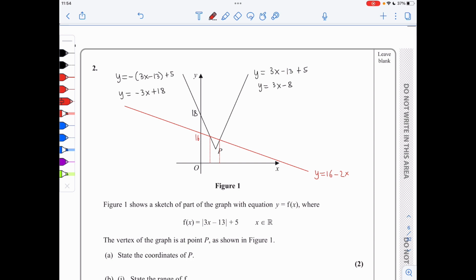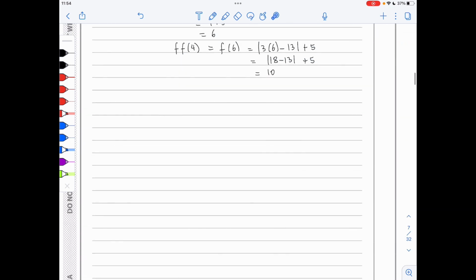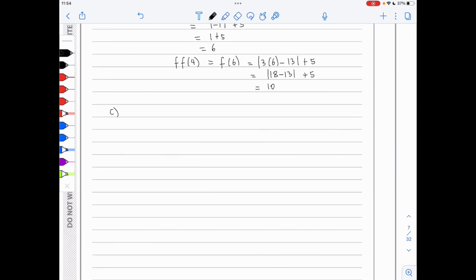So in order to do that, I will be equating the 16 minus 2x with the minus 3x plus 18, and then with the 3x minus 8 in order to find the two values of x. So we have that 16 minus 2x is negative 3x plus 18, leading to x being 2, and 16 minus 2x is 3x minus 8, leading to 24 is 5x, so 24 over 5 is x.